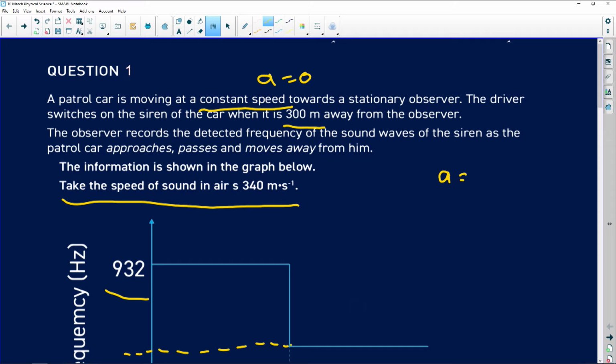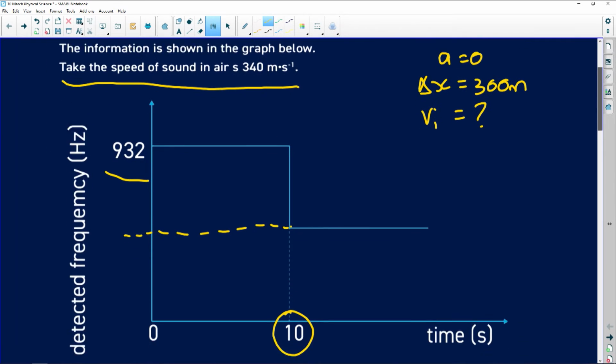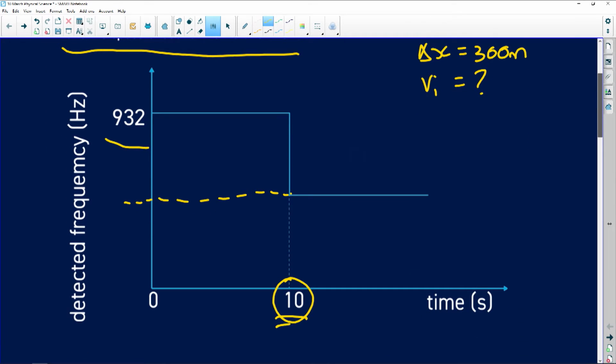We've got acceleration is 0, displacement equal to 300 meters, and they are asking us to calculate the initial velocity. And what did they give us from the graph? I notice on the graph we've got 10 seconds, so the time that he did this in was 10 seconds.